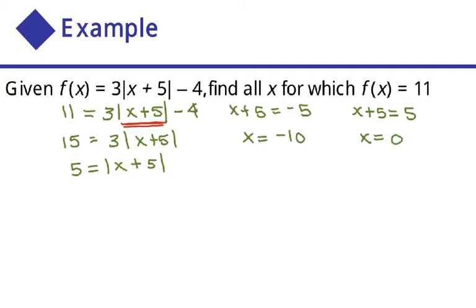So the solution set is negative 10, 0. In other words, the two x values for which this function value is 11 are negative 10 and 0.